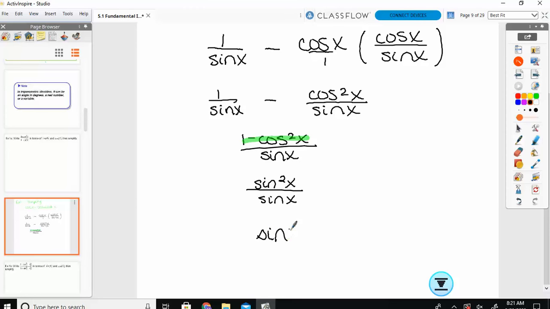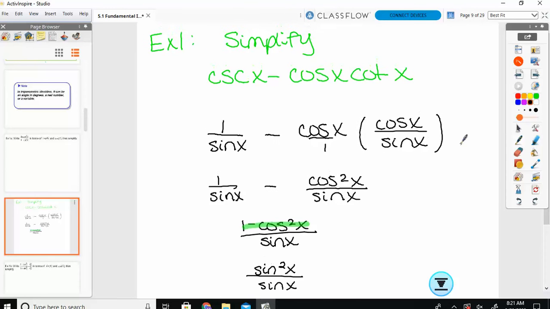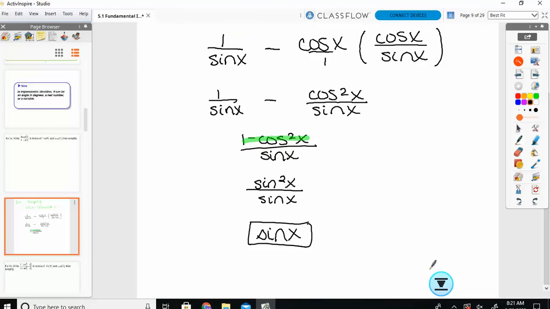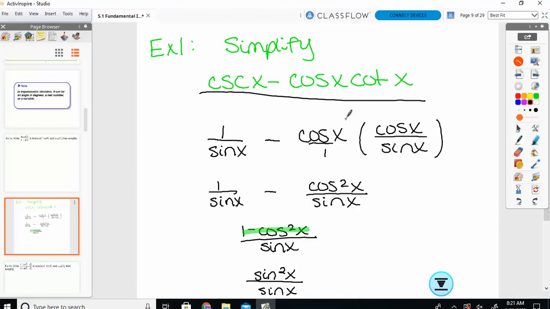So this turns into sine x. Essentially what we just found is that this original expression is the same as sine x. If I plugged in 30 degrees, we know the sine of 30 degrees is 1/2. If I plugged 30 degrees into the original, I would have also gotten 1/2. These are just two equivalent expressions.